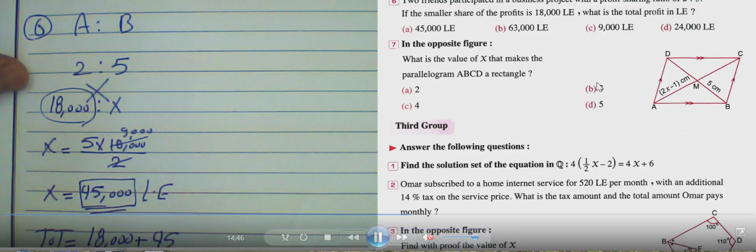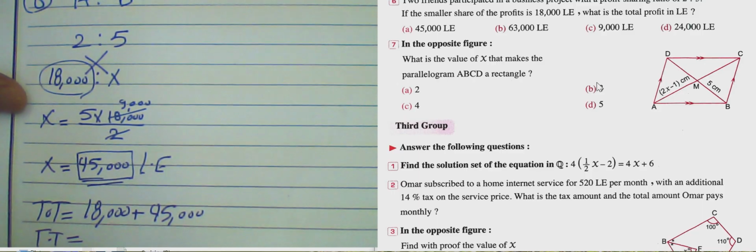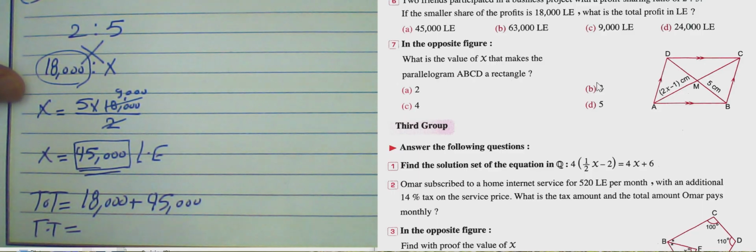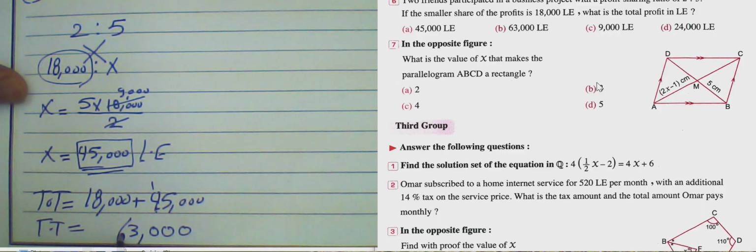Put 3 zeros here, and 45 plus 18 equals 63. The result will be 63,000 Egyptian lira. Choose letter B.